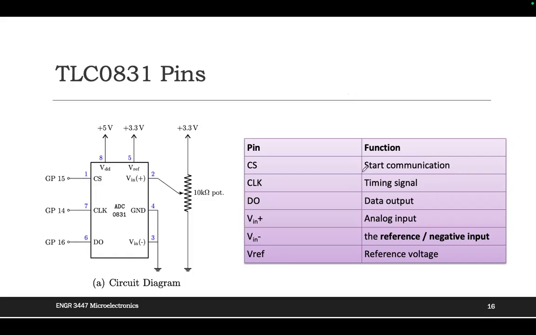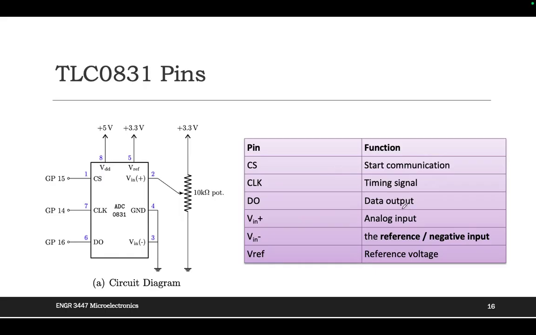Yeah, this is a pin like CS, which means start communication. I just give the CS pin a signal, which means we start to communicate. And then the clock, which means when I will read the data. Yeah. And the DO, which is the data output of what I will read.